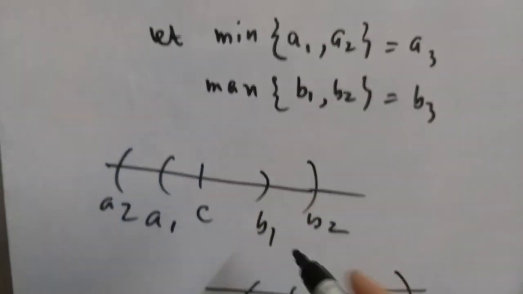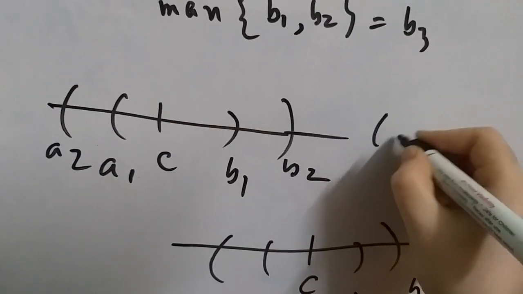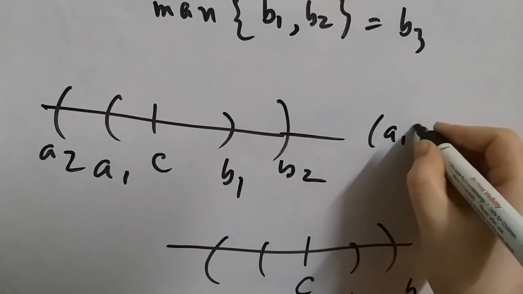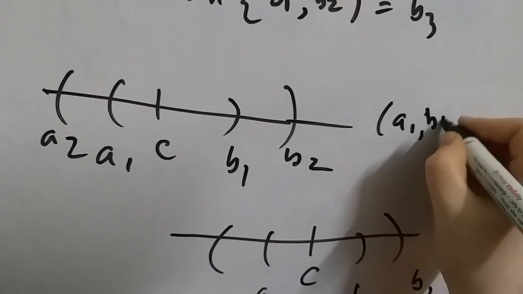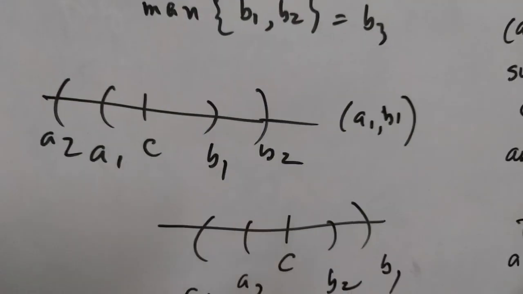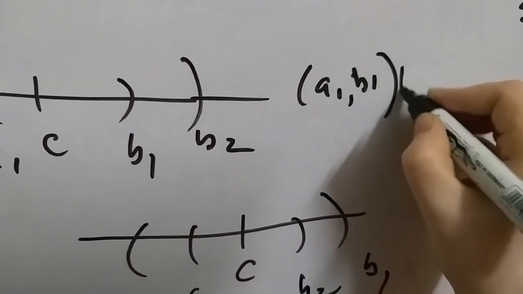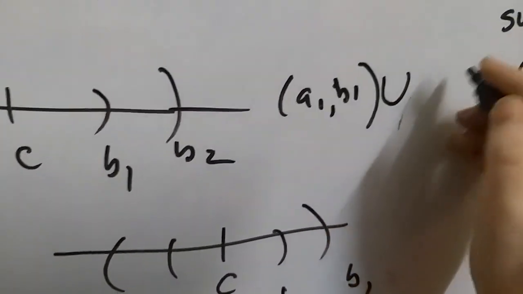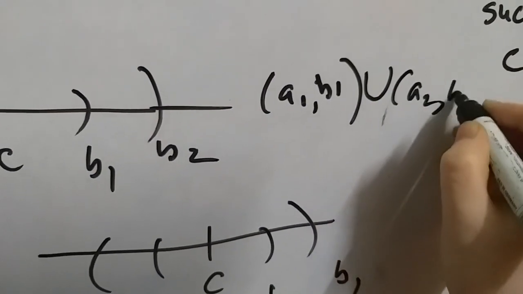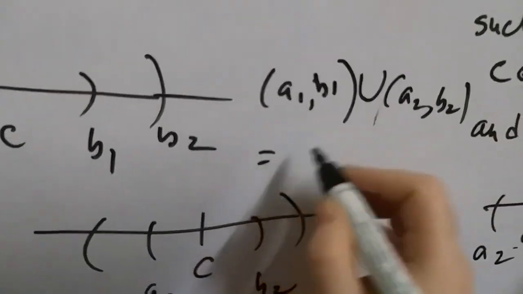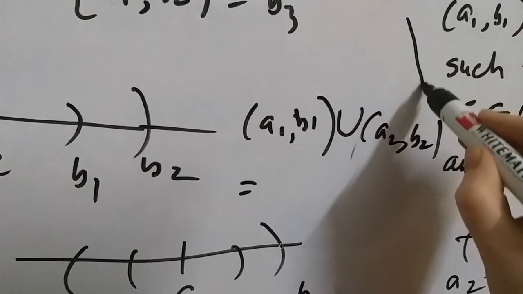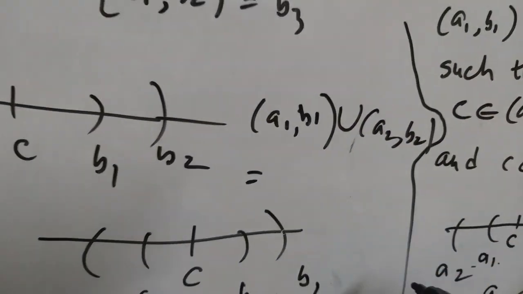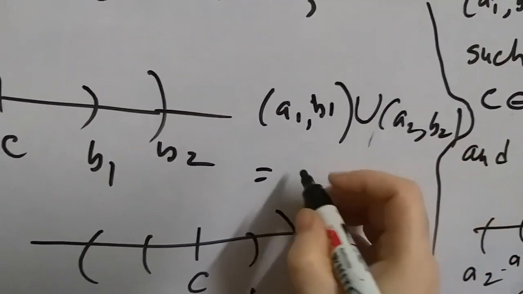now from this, (a1, b1) union (a2, b2) equals (a1, b1) union (a2, b2).